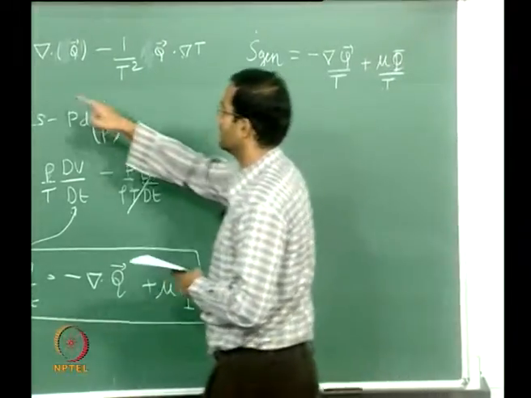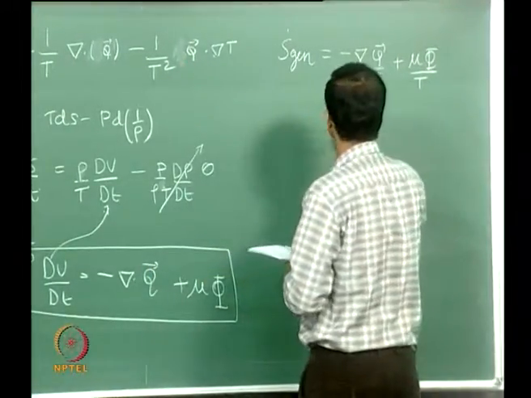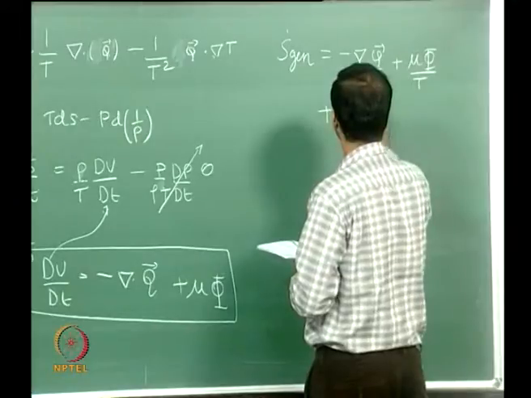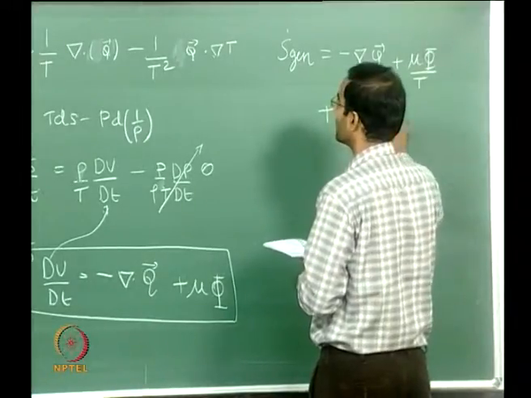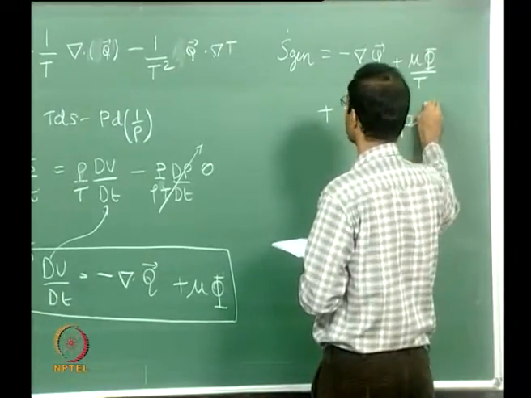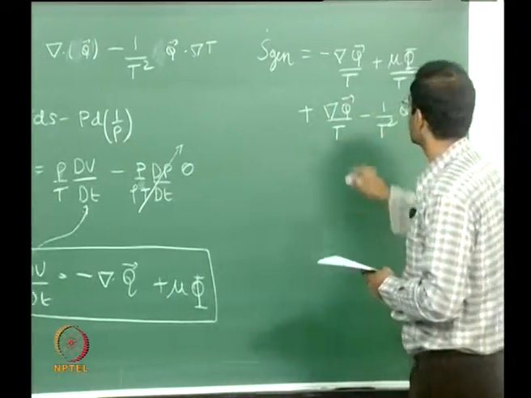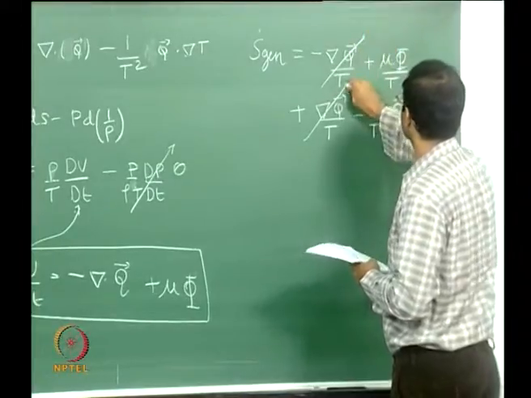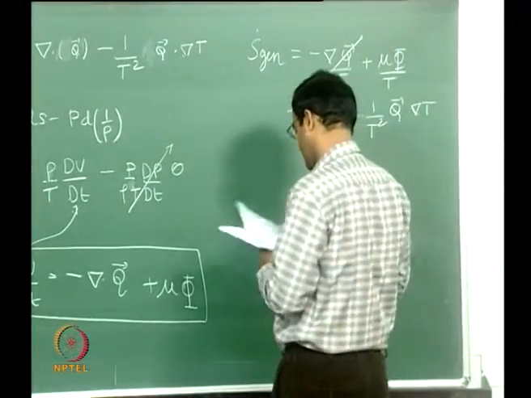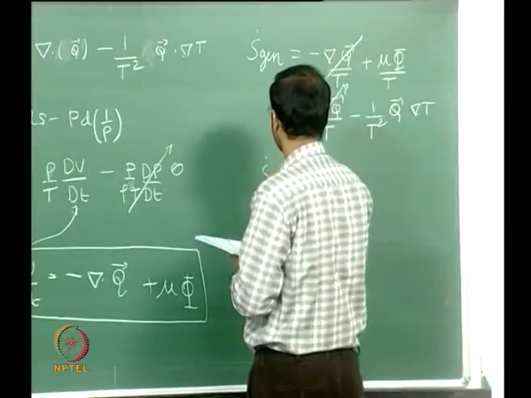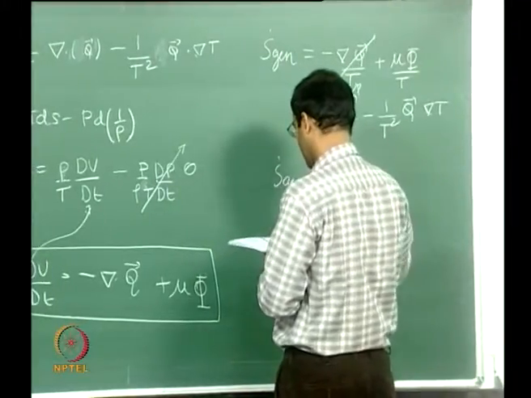So that is this term plus you have these two terms, right, plus del dot q by t minus 1 by t square q dot del t, okay.